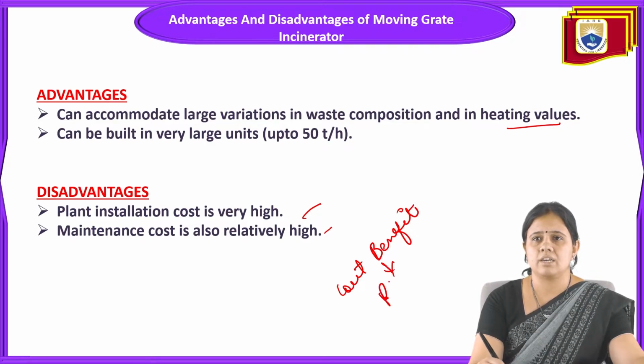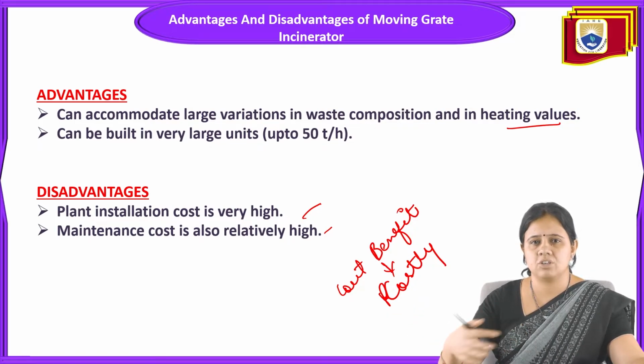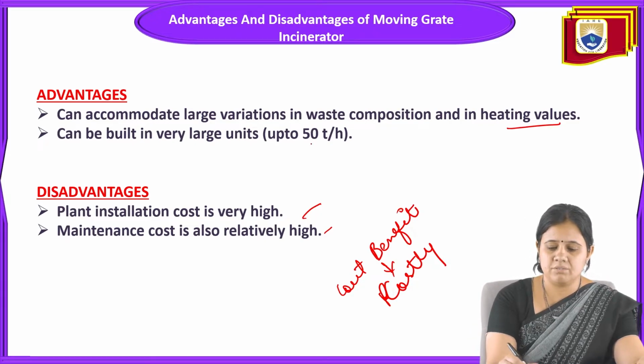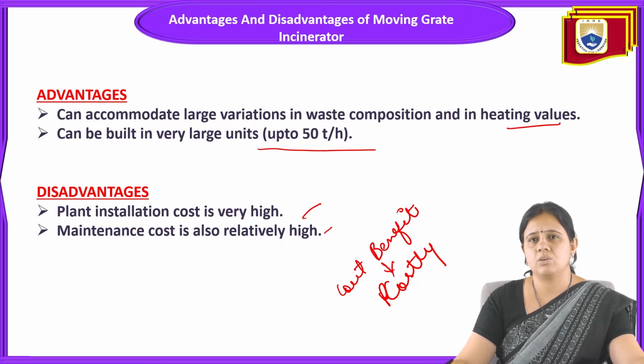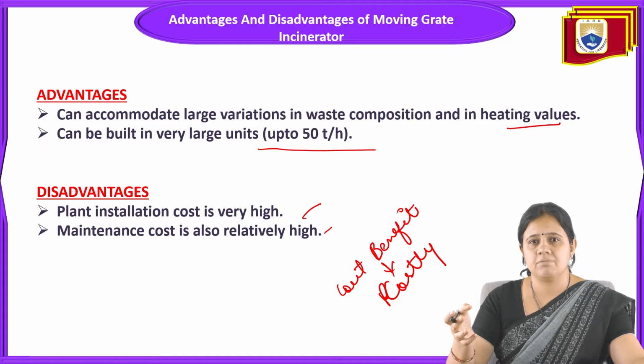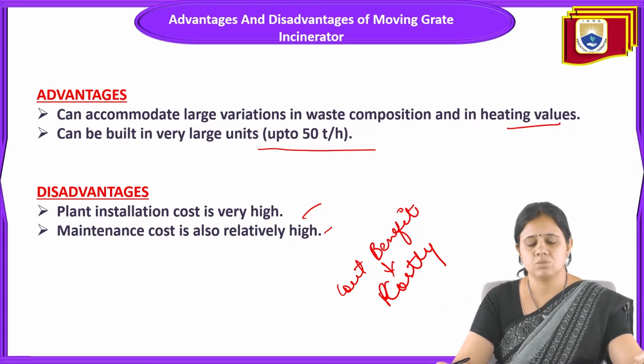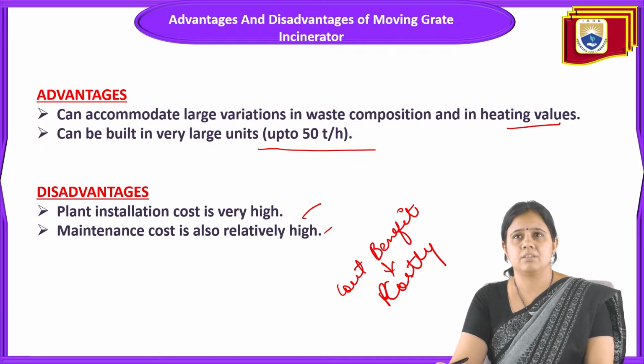The advantage is that it can accommodate a large variation of waste composition with a high heating value, and it can be built as a very large unit, up to 50 tons per hour. But because it is a large unit accommodating mixed waste, it is a very costly affair. So these are the disadvantages related to this incinerator.